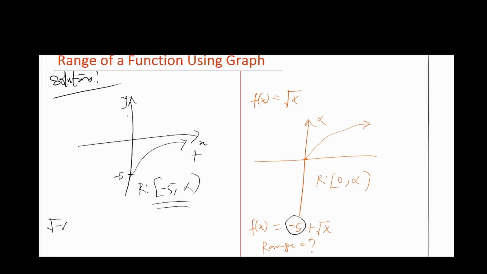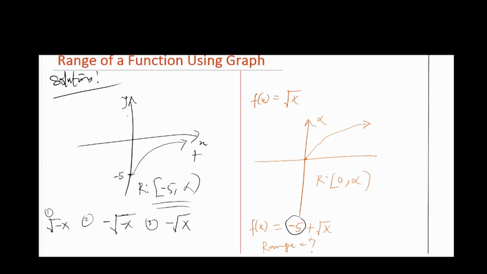We have another one. Let's take this one to be the first one. Number 2, let's have minus root minus x, and we have the third one, which is minus root x.